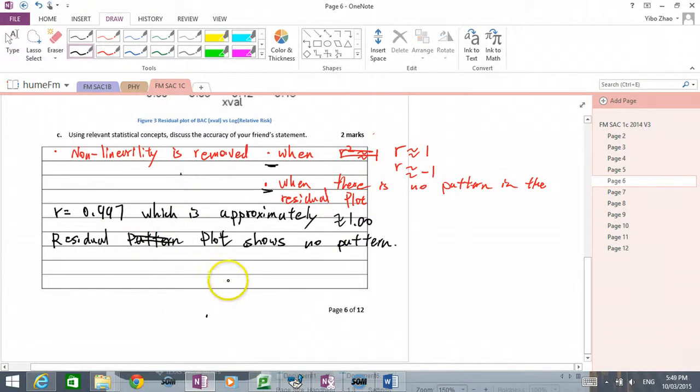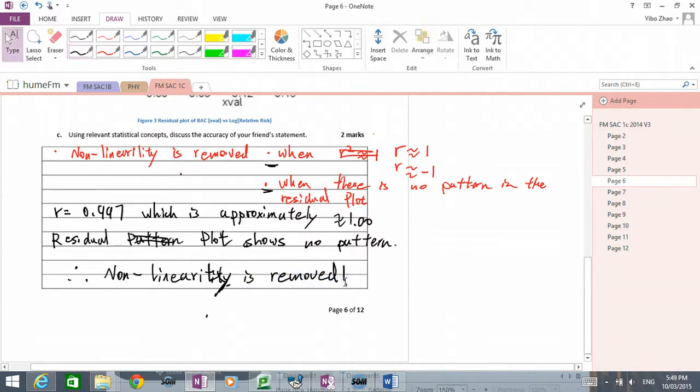So again, my friend is right. If you write down my friend is right, you get no marks. So you rewrite it: the non-linearity is removed. So I made a mistake, linearity, is removed.